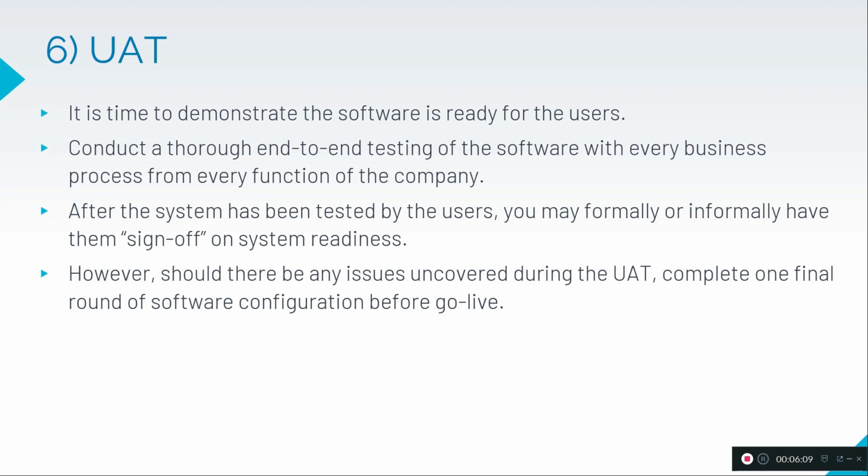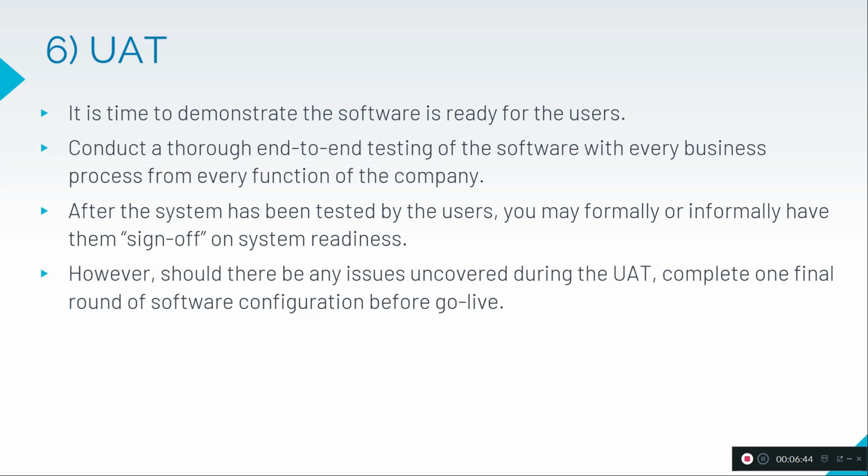After the system has been tested by the users, you may formally or informally have them sign off on system readiness. So we need to get the sign off from the sponsor on the system readiness, so that we can go for the next phase, that is the cutover, user training and go live. However, should there be any issues uncovered during the UAT, complete one final round of software configuration before go live.